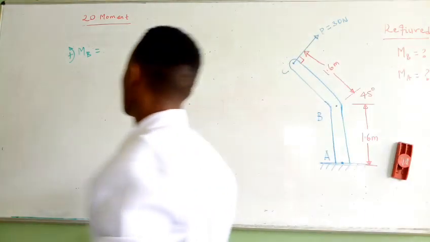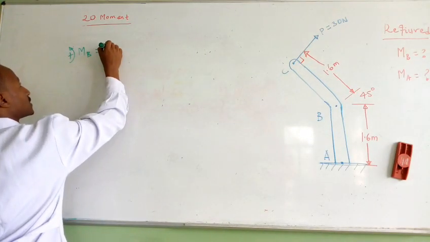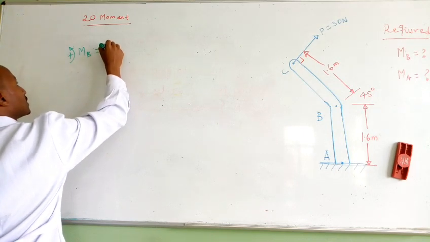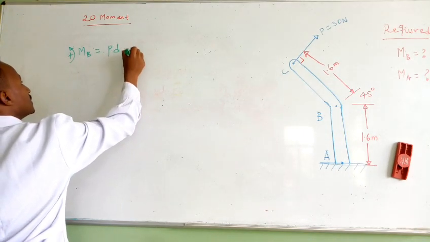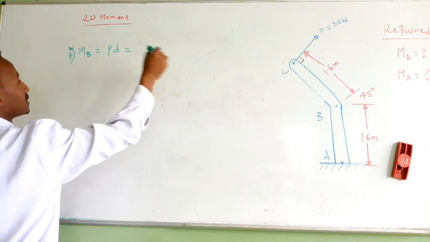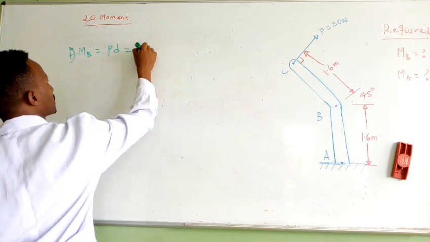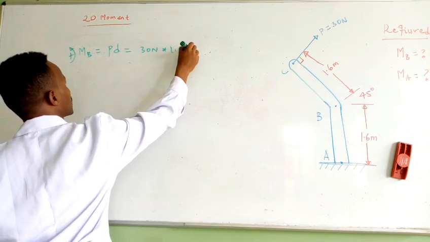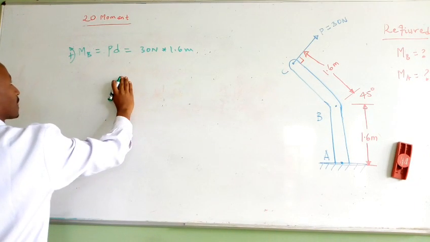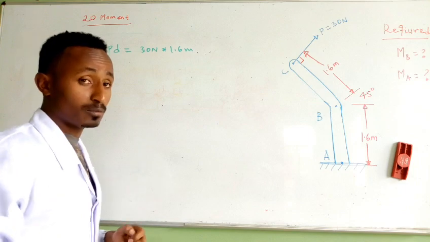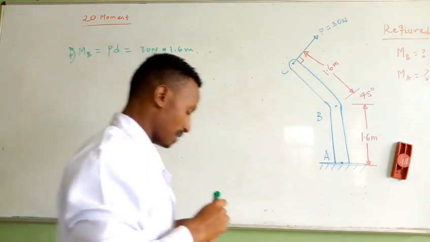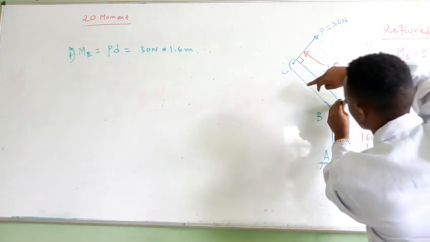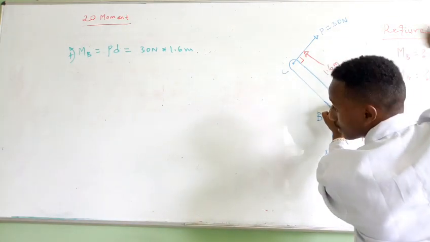So we can just multiply P by D: P, 30 Newton, times 1.6 meters. So the direction of moment, when I take the moment at point B, is trying to rotate in the clockwise direction.